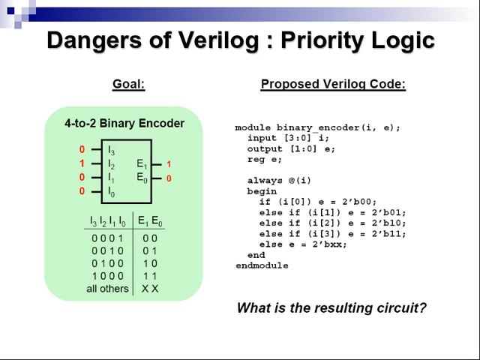Let's suppose I is 0, 1, 0, 0. If I of 0 is 0, and that satisfies, so 0, 0 is assigned to output. No, this computes only if I of 0 is 1. We haven't defined the input I either as wire or reg. When you don't define, it defaults to wire.